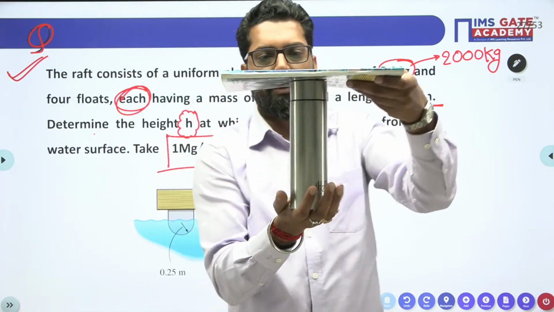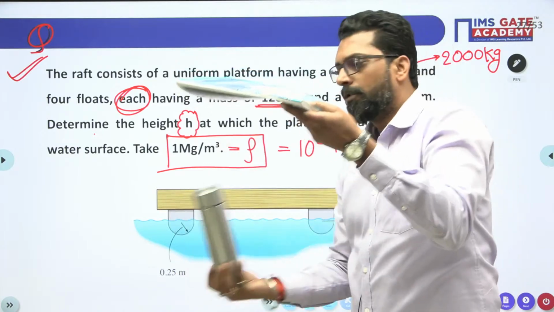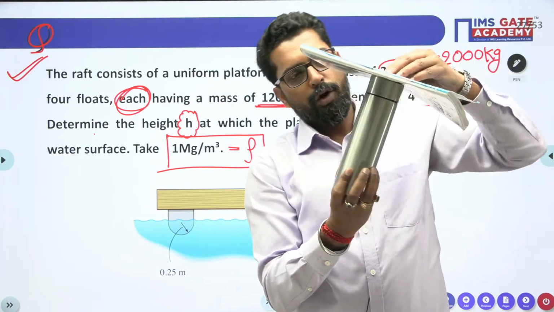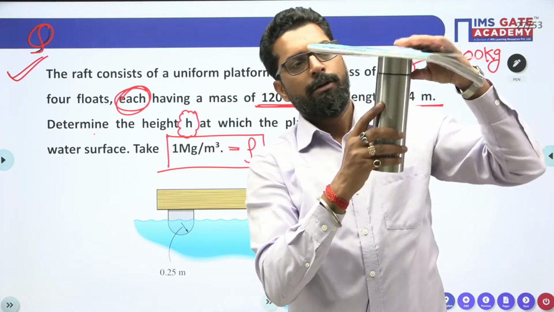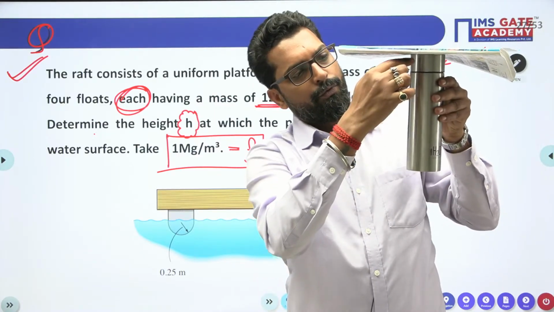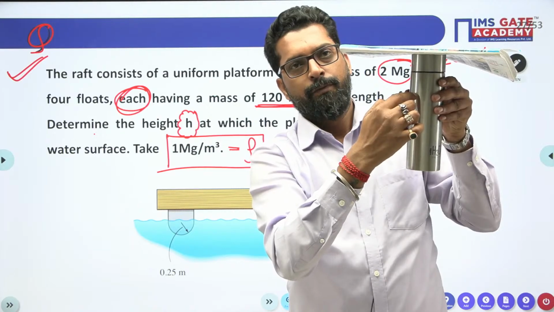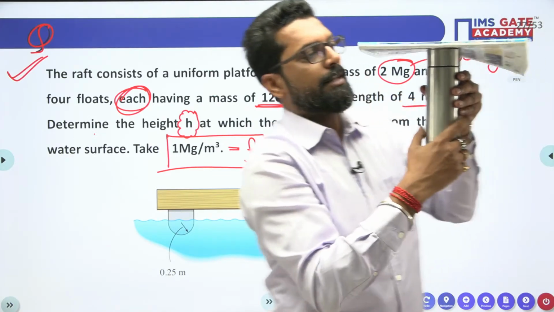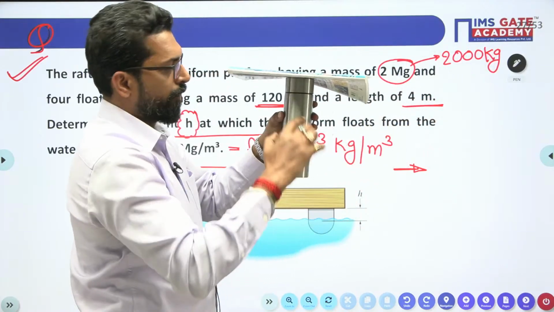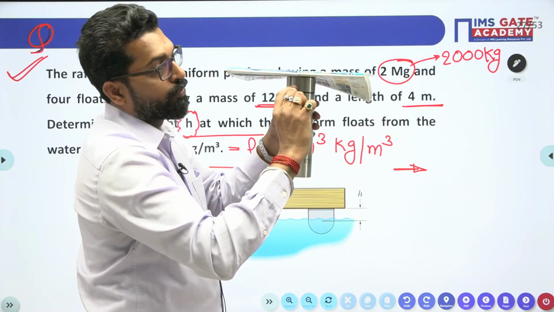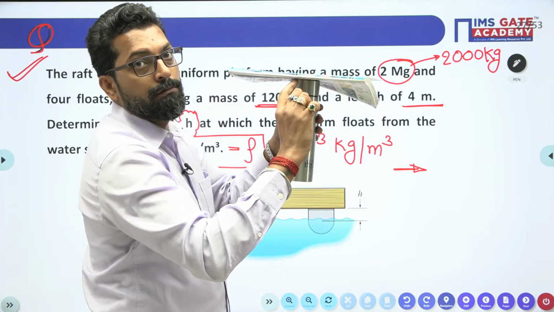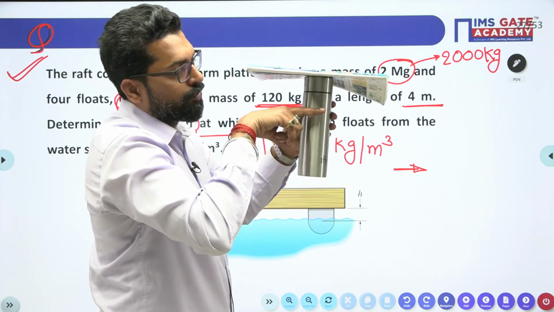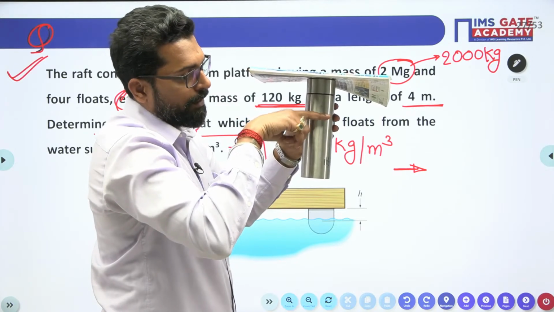This is your platform and this is your leg. You put it. Now, the question is, what is the height from the free surface of water to the platform? This is your platform and the water is at this level. So if water is at this level, what is the height?